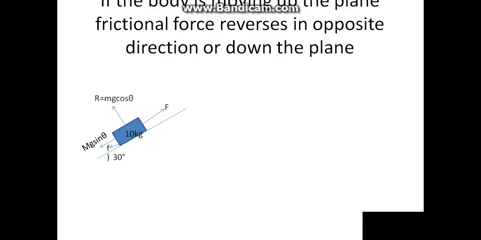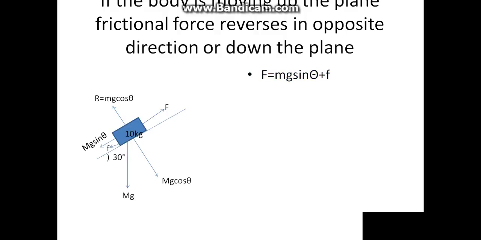The reaction on the plane for the mass of 10 kg will be mg cos theta, and the weight of the body will be mg.